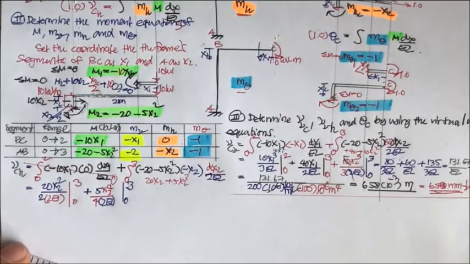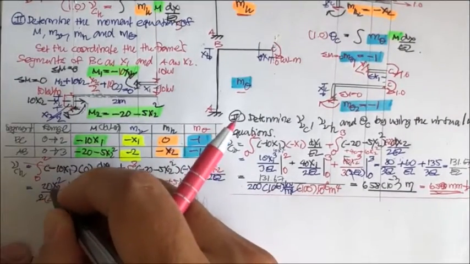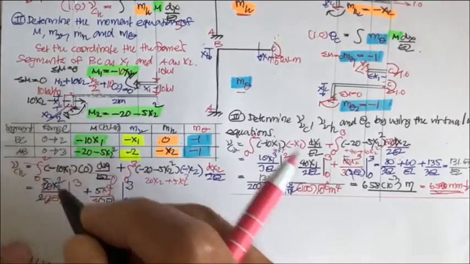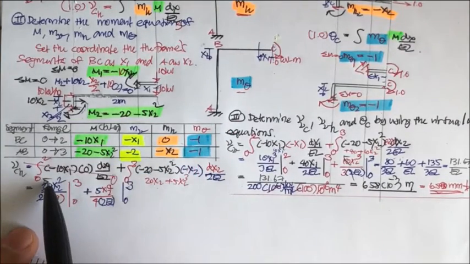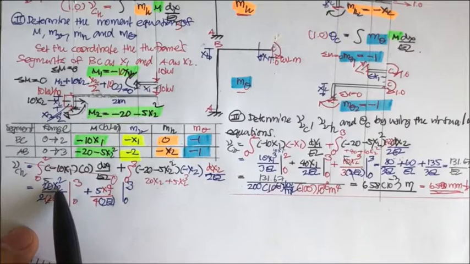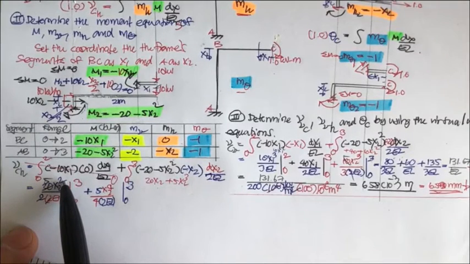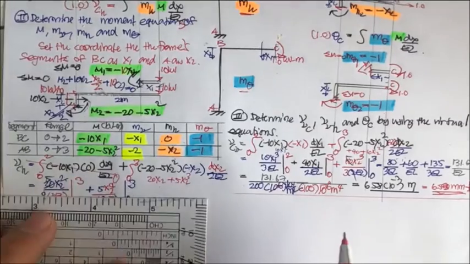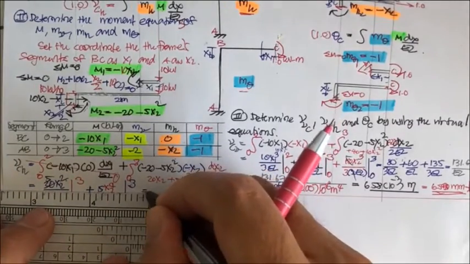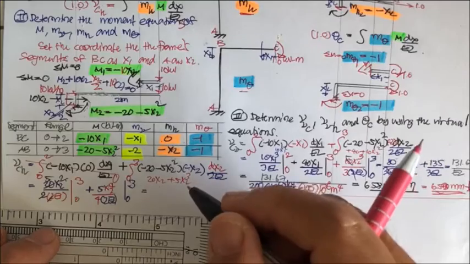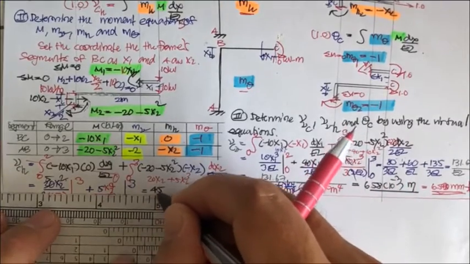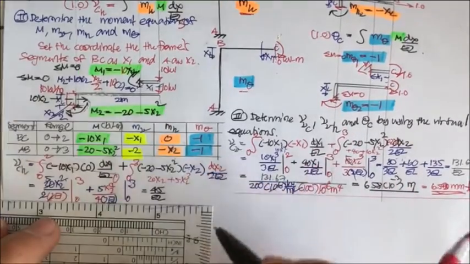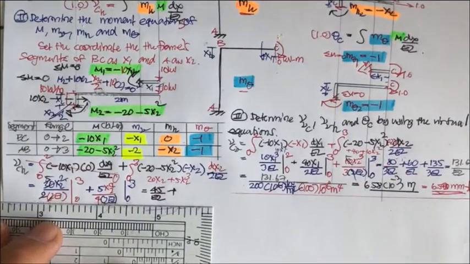And now you may have this one cut into 5, so you have 5 times 3 power 2, that is going to be 9 times 5, which is 45. So the first one you may get is 45 over EI, and plus what?